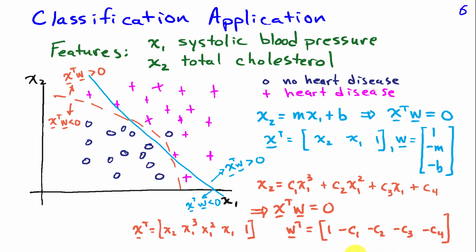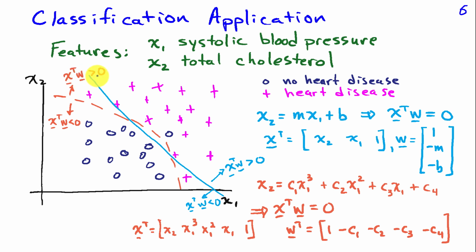And for some choice of c1, c2, c3, and c4, I should be able to get a boundary that may do a better job. The boundary is defined by x transpose w equals 0. So if I obtain a set of blood pressure and cholesterol values, I'm going to plug those into this vector x, and then I'm going to use the w that I found to separate these two regions, and compute x transpose w.